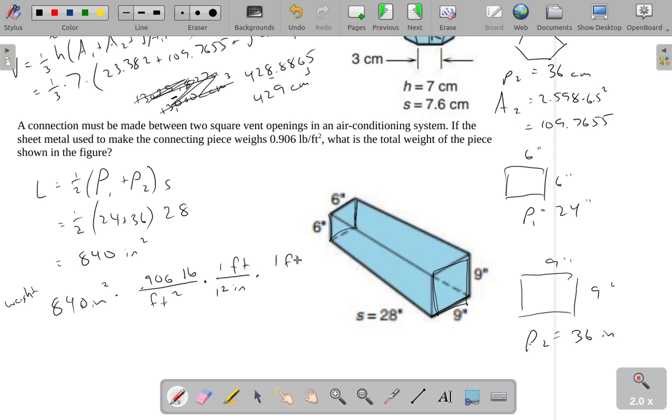And I'll do this a second time since we're dealing with square inches and square feet. So inches will cancel with the square inches here. Feet will cancel with the square feet here. And you can see we're going to do 840 times 0.906 and divide by 12 twice.